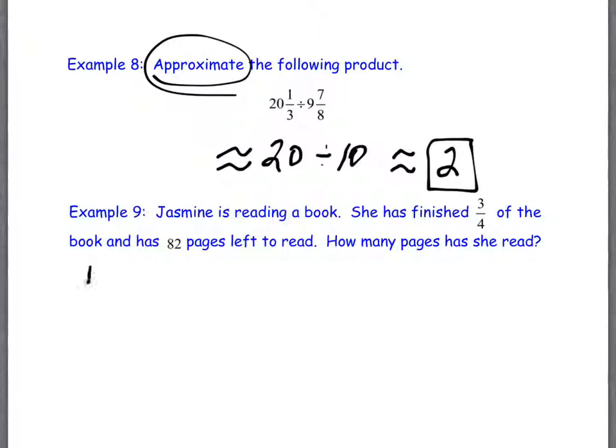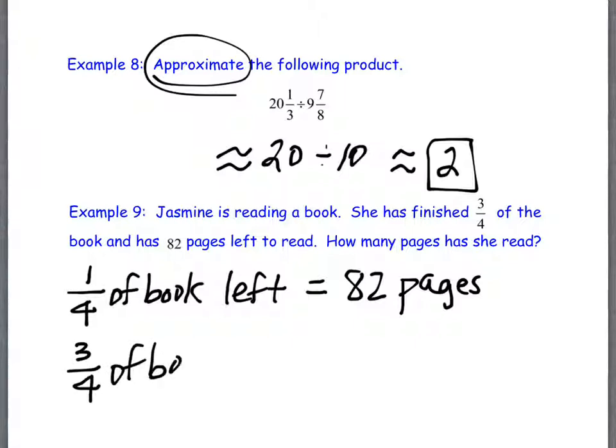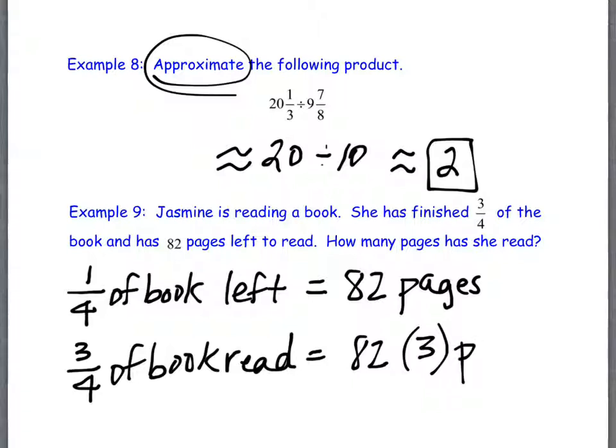You're saying that she has 1/4 of the book left, correct? And 1/4 of the book is actually 82 pages, correct? Okay, so then 3/4 of the book that she's read would be the 82 pages times 3. Does that make sense? That's a great way to do the problem.